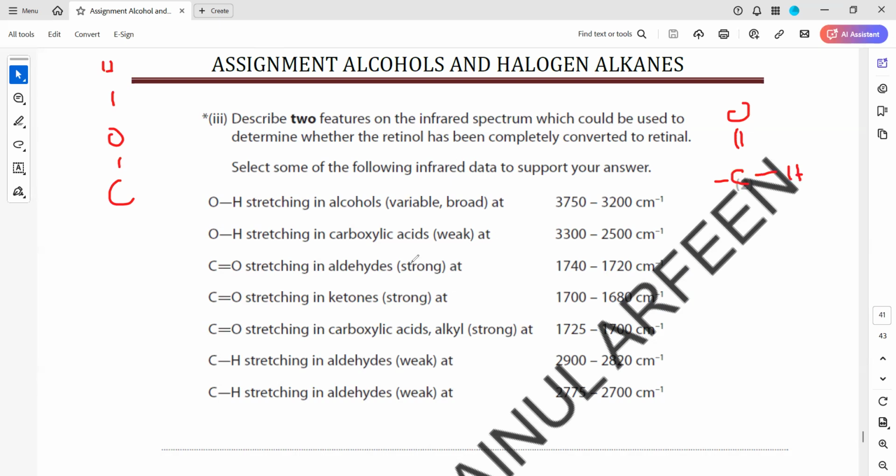When an alcohol is converting into an aldehyde, we just have to distinguish what the changes in the infrared absorption spectrum will be. So in retinal, there will be C double bonded with O, so C double bonded with O of an aldehyde or a ketone.